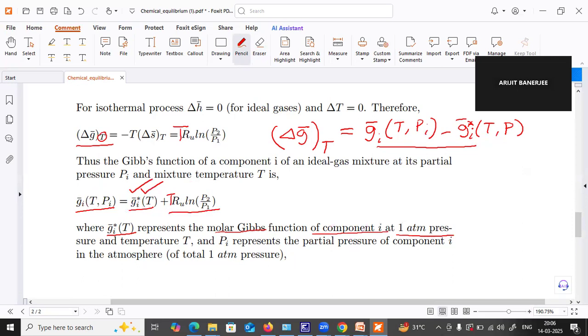If I know the right hand side, I can know the left hand side. That is the target. And this one is at the partial pressure. Partial pressure means in a mixture, the particular component exists at its partial pressure, not at the total pressure. So if I know the value at the total pressure, I can calculate this at the partial pressure using this relation.